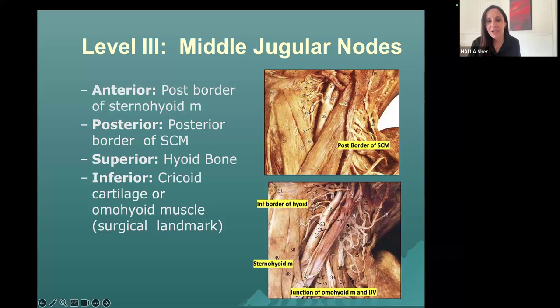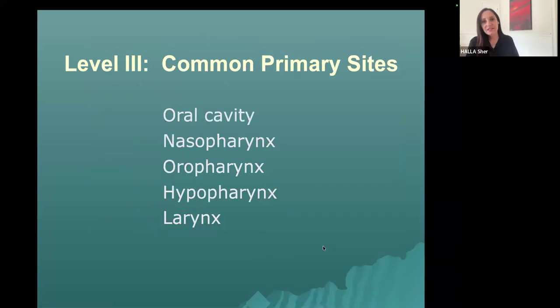In this photo, obviously, the sternocleidomastoid muscle has been removed. So common primary sites that metastasize to the level 3 lymph nodes include the oral cavity, the nasopharynx, the oropharynx, the hypopharynx, and the larynx.